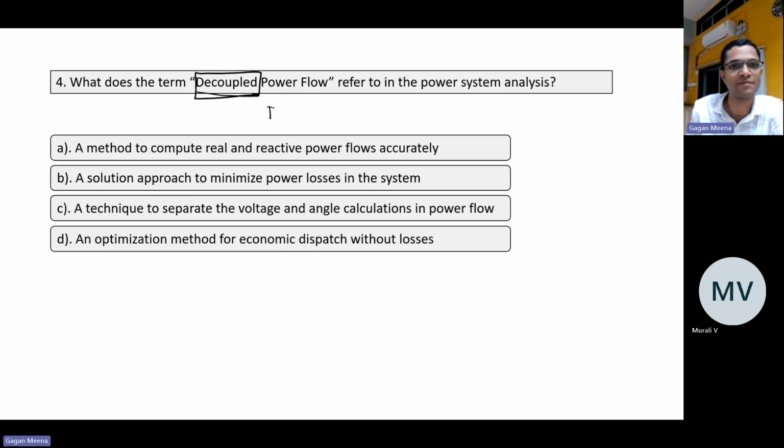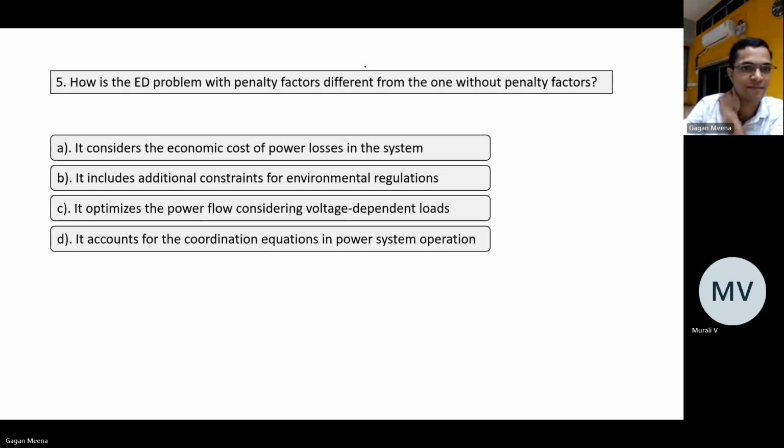So we are decoupling P and Q from V and theta. But in a distribution system, we cannot do that. There P is dependent on both theta and V, and Q is also dependent on both theta and V.